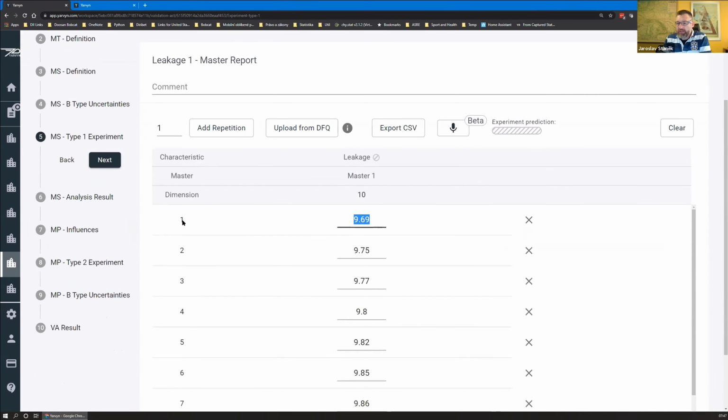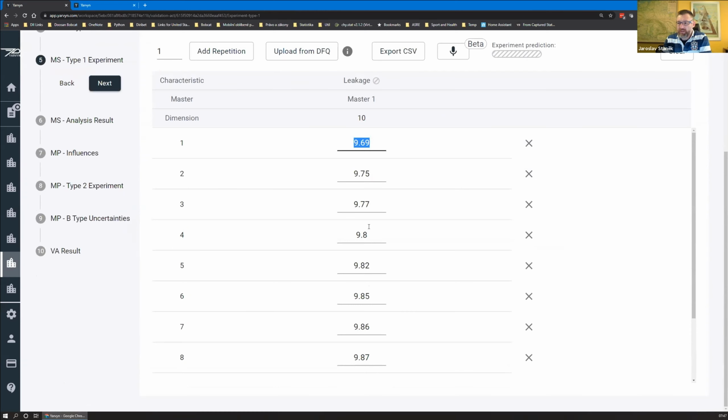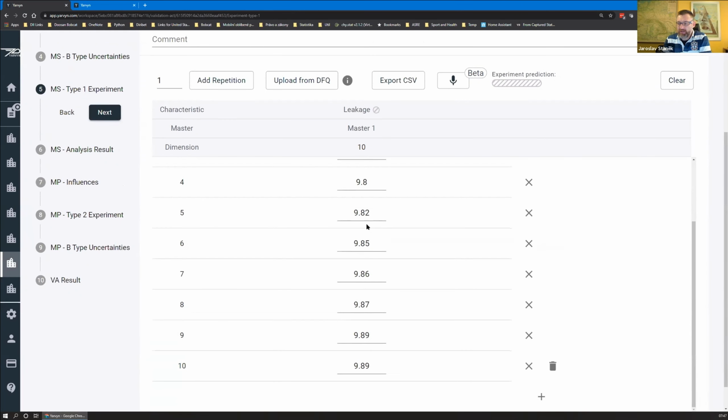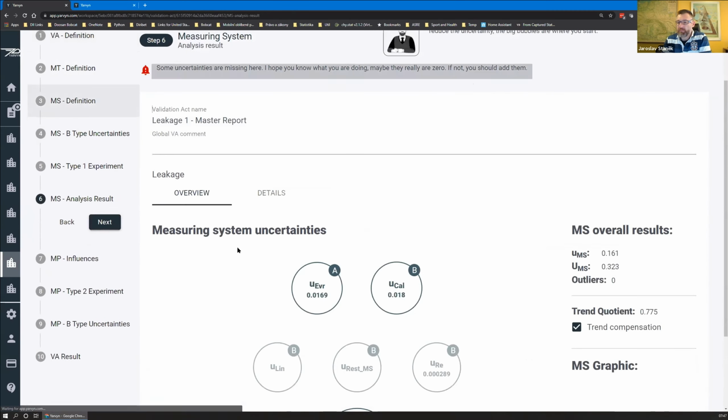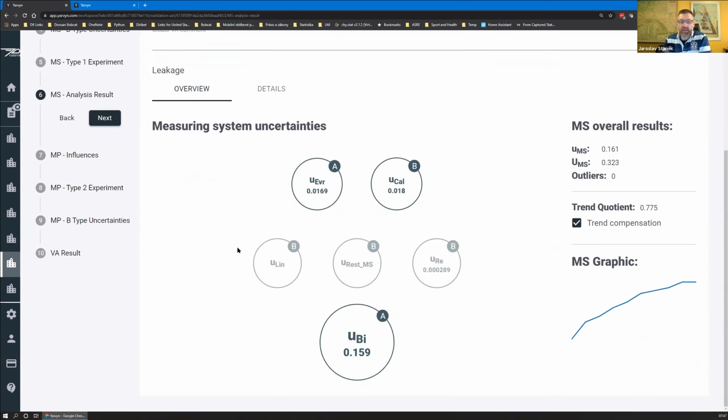And here are the measured values. There are 10 of them. And if we have that, we can calculate the uncertainties of the measuring system.